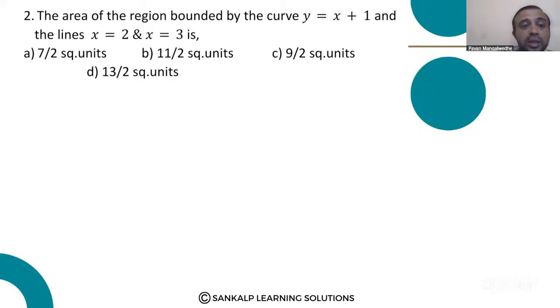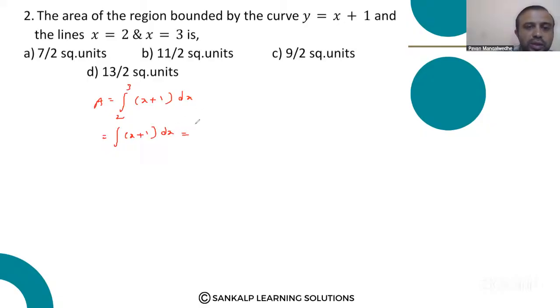Just a minute, students. Area A is equal to the integration from 2 to 3 of x plus 1 dx.